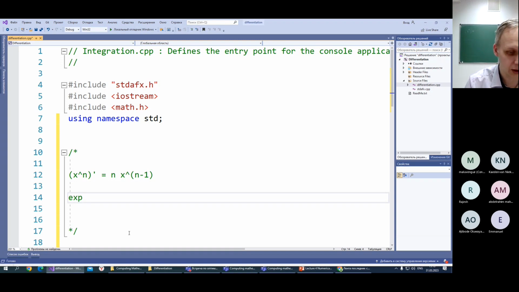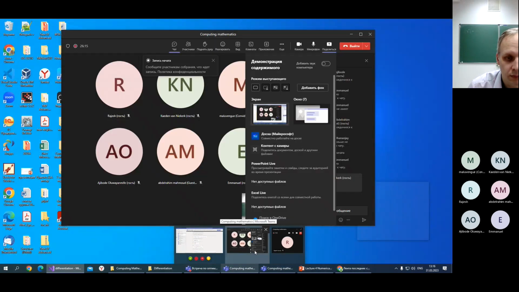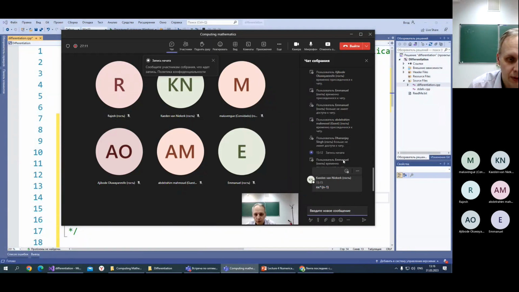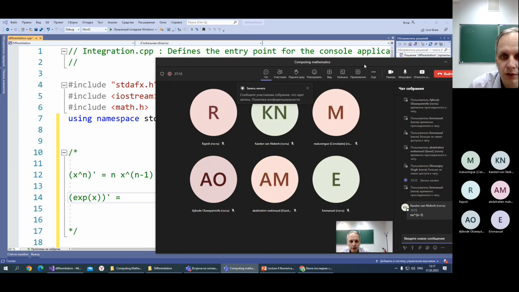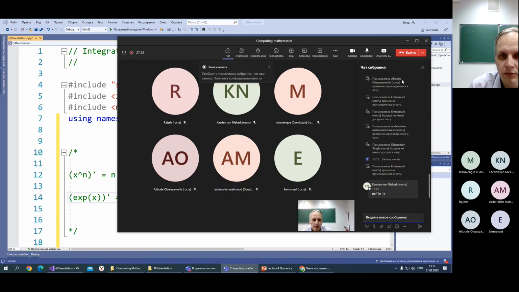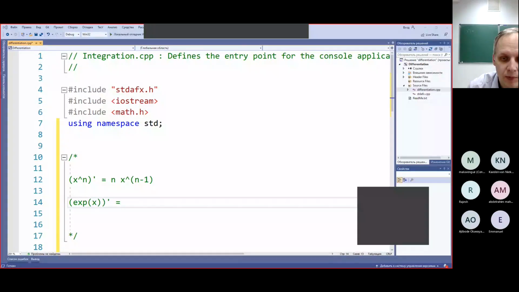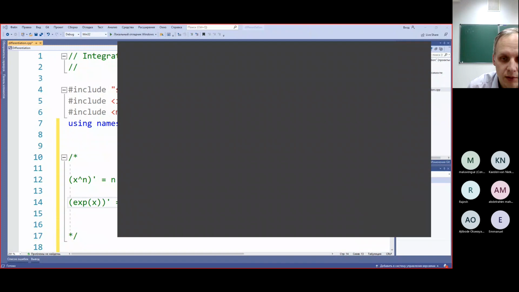The next important function is the exponential function, e power x. What is the derivative of e power x? Also, we considered this function on the first lesson. What is the answer?